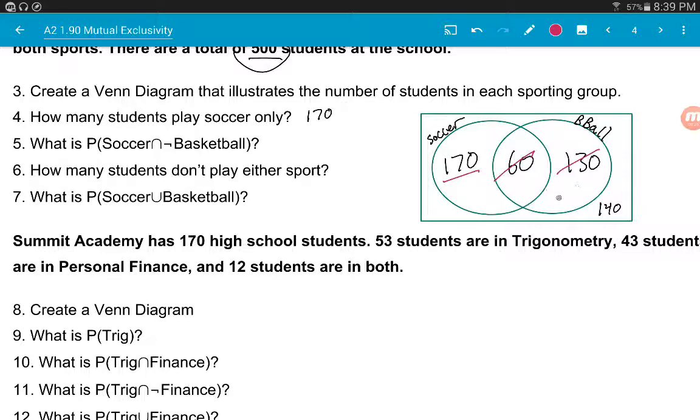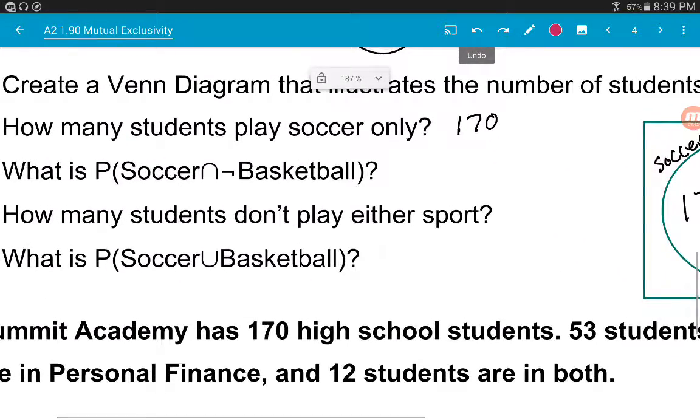These guys play basketball. I need it to be and, so it needs to be both criteria. Well, these guys don't play soccer. So it's going to be only them for question 5. So there are 170 out of the total, which is 500.